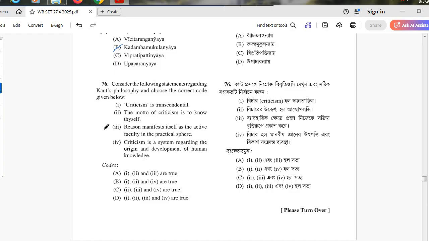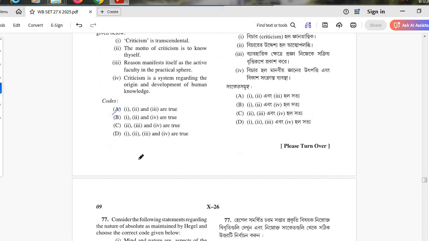And option 4, criticism is a system regarding the origin and development of human knowledge. Question 76, the correct answer is option A, 1, 2 and 3.